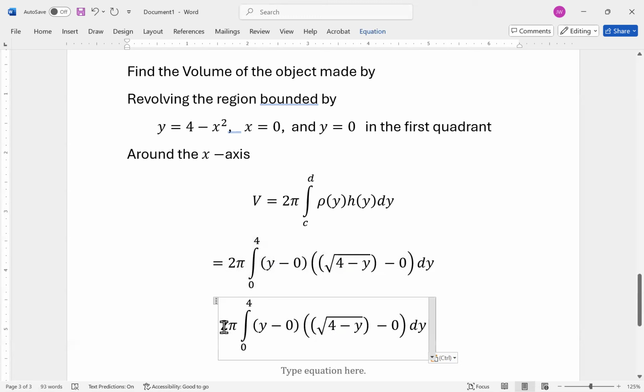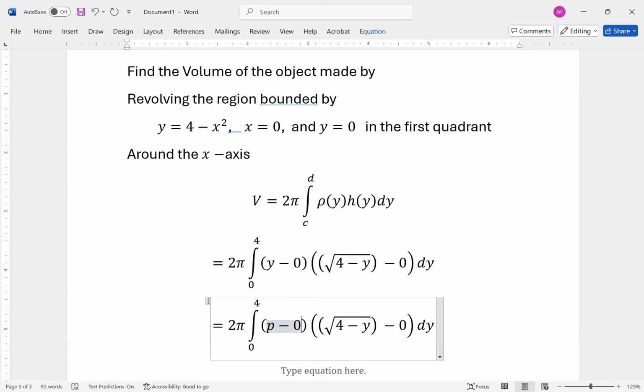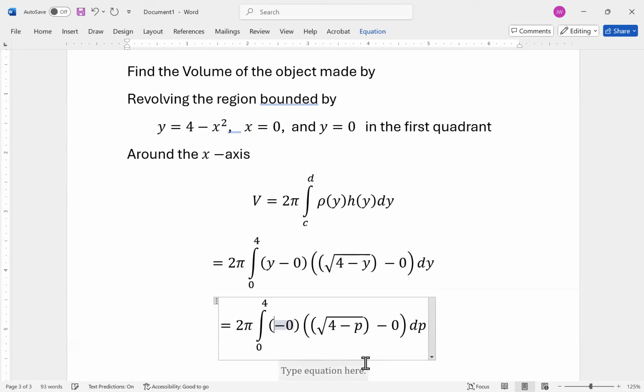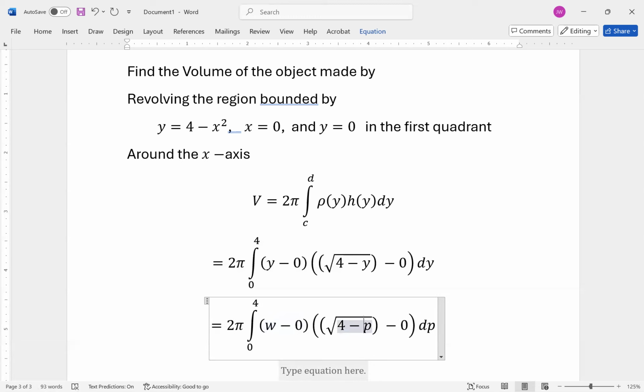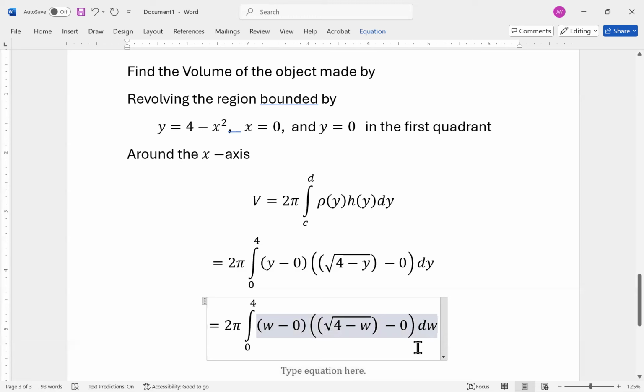So in fact, if I chose some really weird letter, like the letter P, this integration would be exactly the same. If I chose to use the letter X, that would be the exact same thing as well. If I chose the letter W, that integration would be the exact same as long as I'm integrating with respect to W. So whichever letter you choose, you're going to get out the same answer.